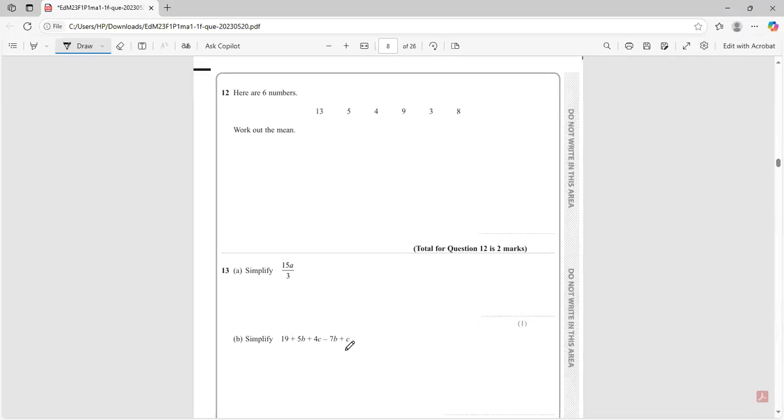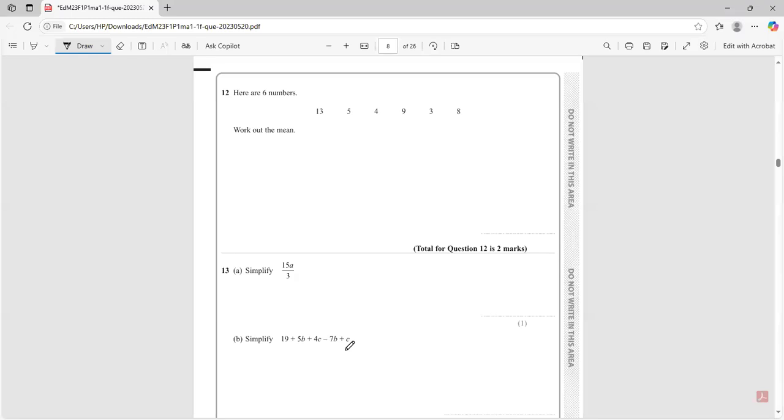Here are 6 numbers. Work out the mean. Another name for mean is average, isn't it? This one looks like mental math because I can add it up without writing a single thing. 13 plus 5 is 18. 18 plus 4 is 22. 22 plus 9 is 31. 31 plus 3 is 34.